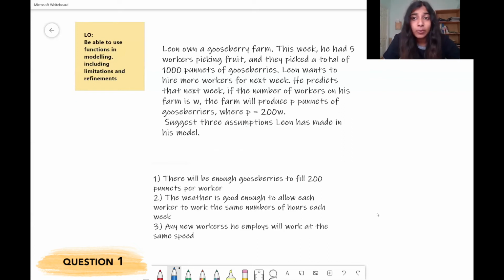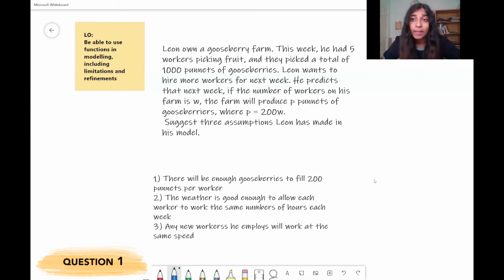So a follow-up question to this could be, how could you refine the model, taking out these assumptions which are also limitations to the model. So one example you could say, let's take into account that one worker is a lot quicker, so he's able to pick, let's say, 300 punnets in a week compared to another worker who can only pick 200.